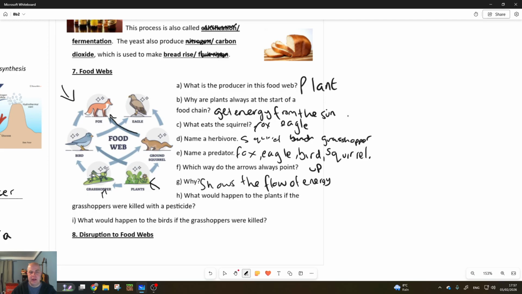Now, what would happen to the plants if all the grasshoppers were killed with pesticide? So if you didn't have the grasshoppers, there'd be less grasshoppers to eat the plants, which means there'd be more plants as the grasshoppers aren't eating them.